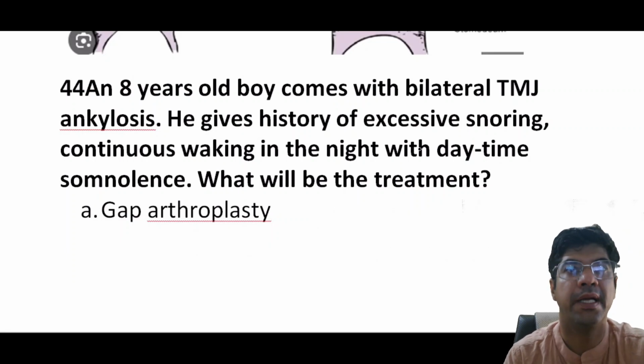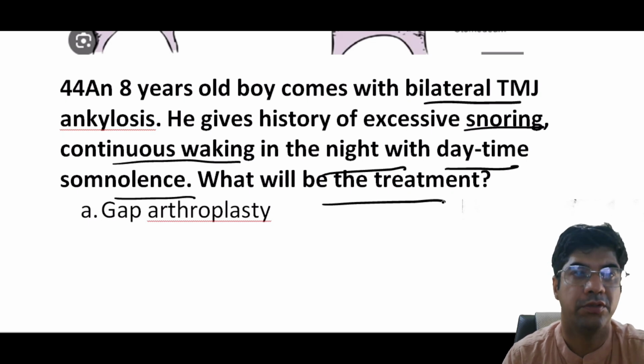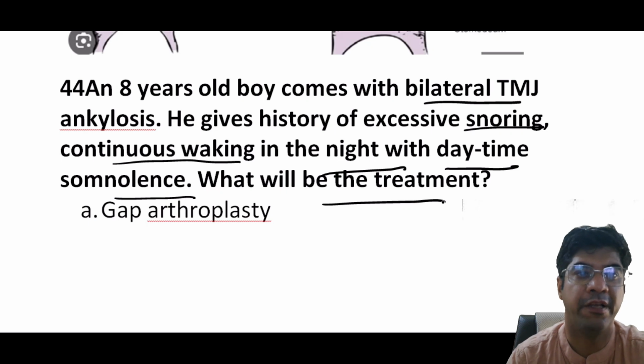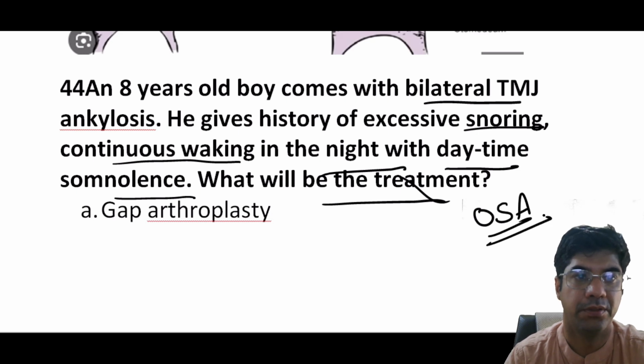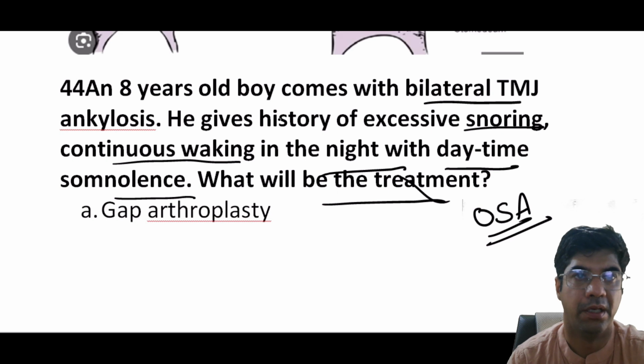An 8-year-old child comes with bilateral TMJ ankylosis. He gave a history of excess snoring, continuous waking at night with daytime somnolence. What would be the treatment? So the patient might be suffering from obstructive sleep apnea, due to the restricted growth and function of the mandible.